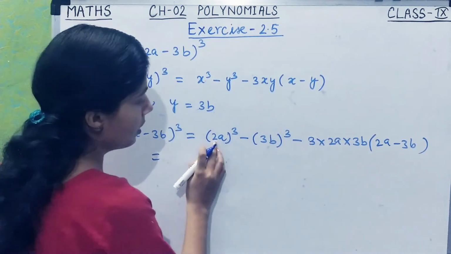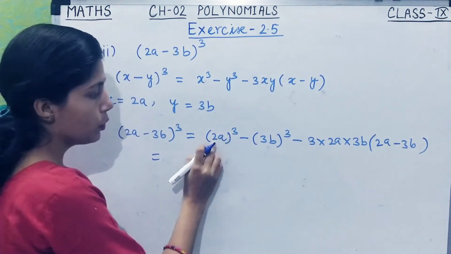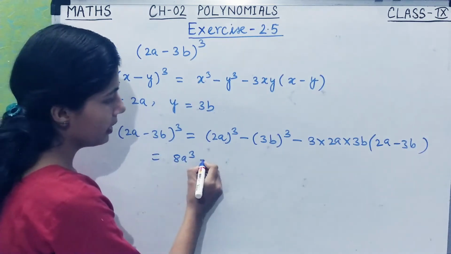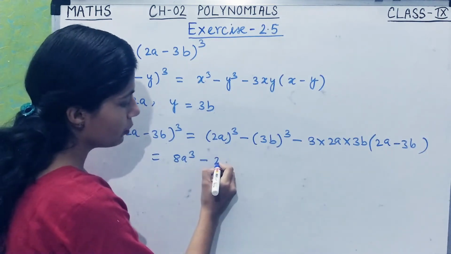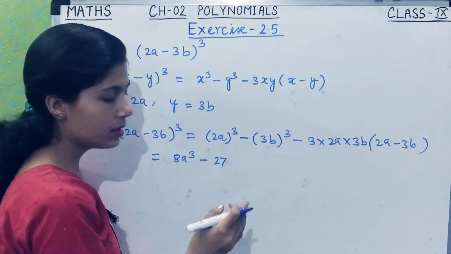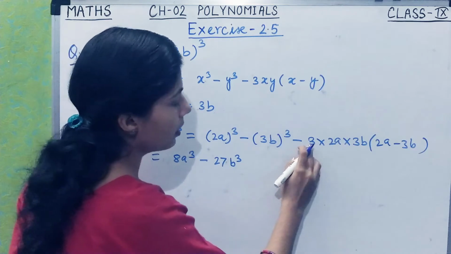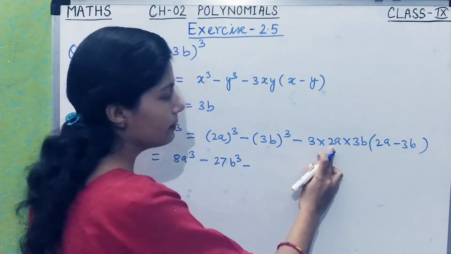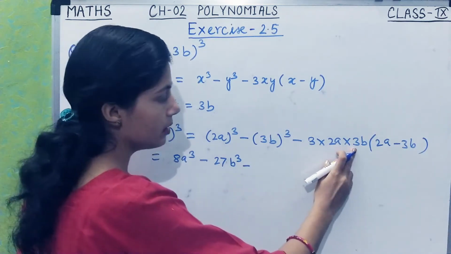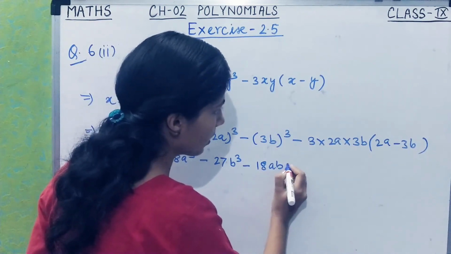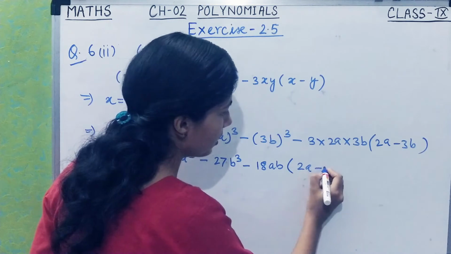Now solve. The cube of 2 is 8, so 8a cube, minus the cube of 3, which is 27 (3 times 3 is 9, 3 times 9 is 27), and b cube. Now minus 3 times 2 is 6, 3 times 6 is 18, so 18ab, in bracket (2a - 3b).